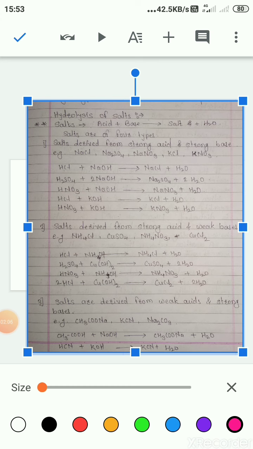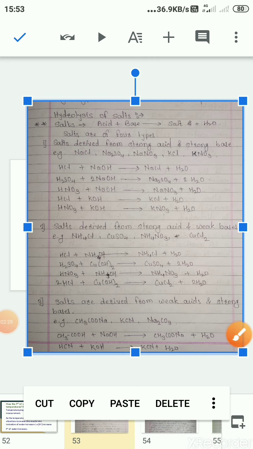What are the examples of such salts? First one is NaCl. Here we have to take one cation and one anion, that means NaCl, Na plus and Cl minus. That means we can derive the strong acid and strong base from the given salt.